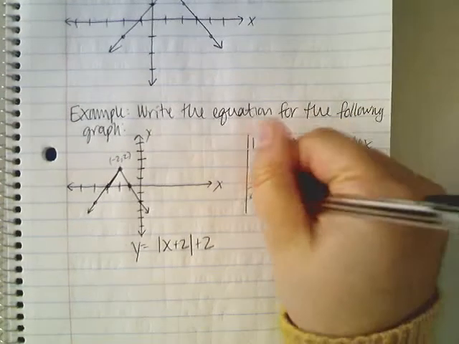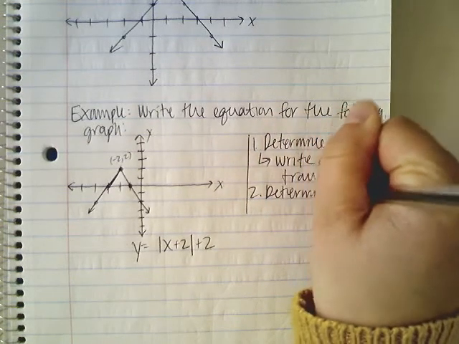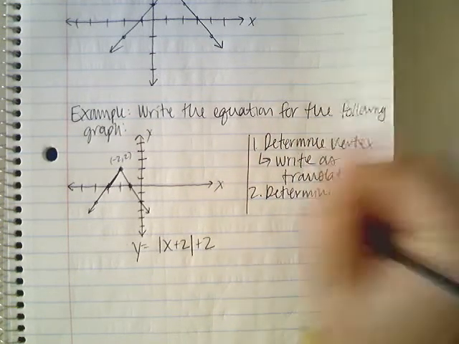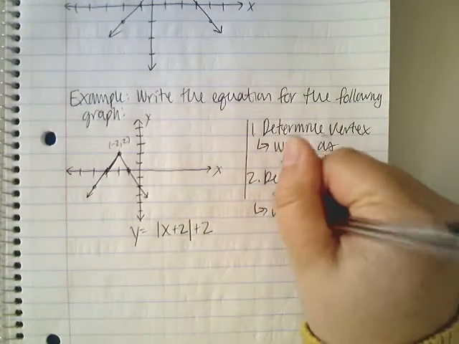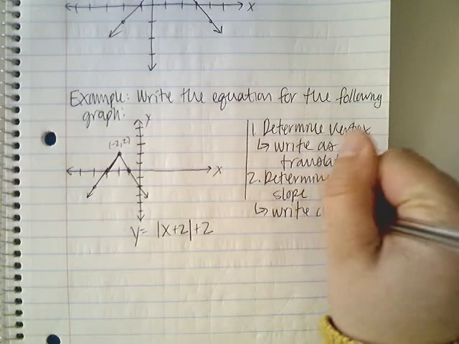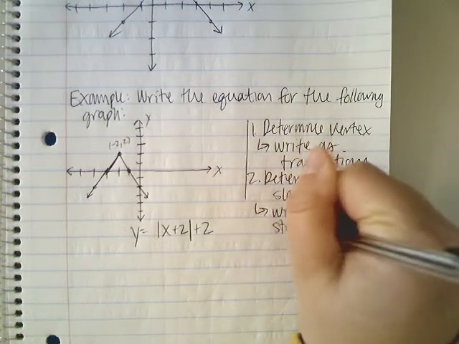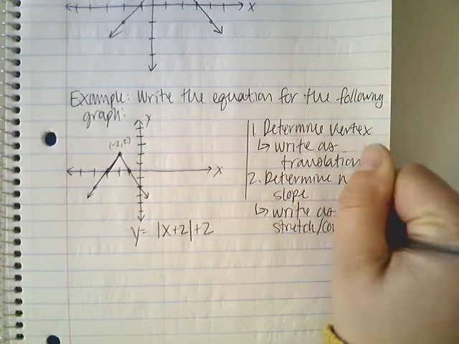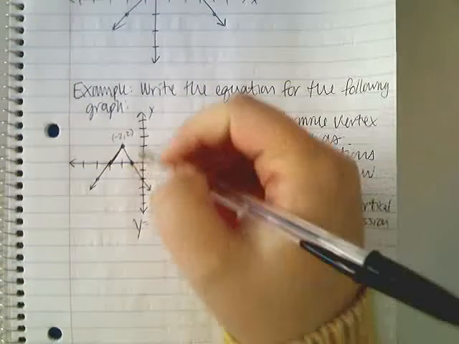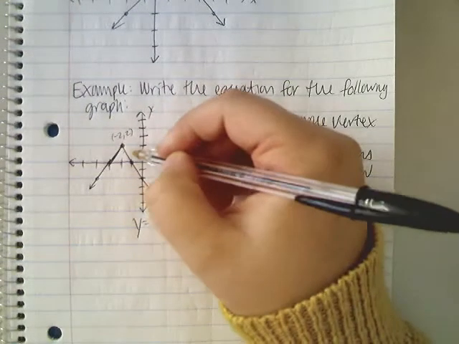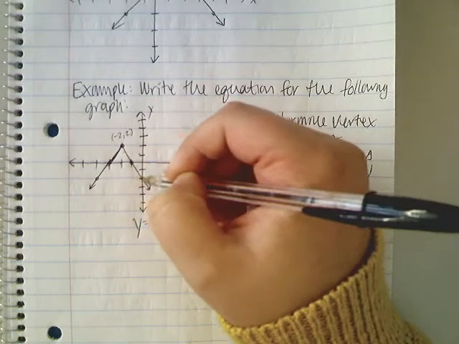My next step, step 2, is going to be determine my new slope. And then I'm going to write these as vertical stretches or compressions. So if I look here, my original slope is down 1 over 1, but this seems to go down 2 over 2, down 2 over 2.